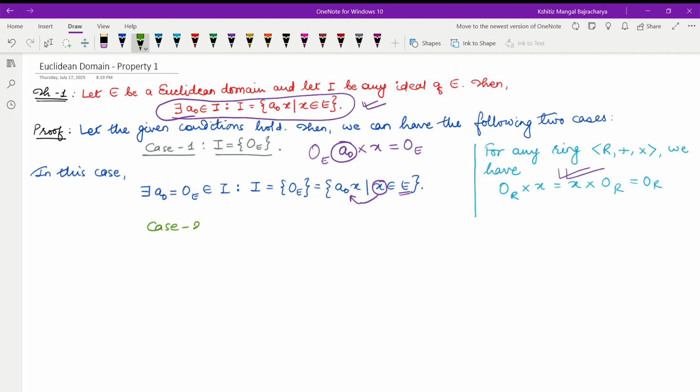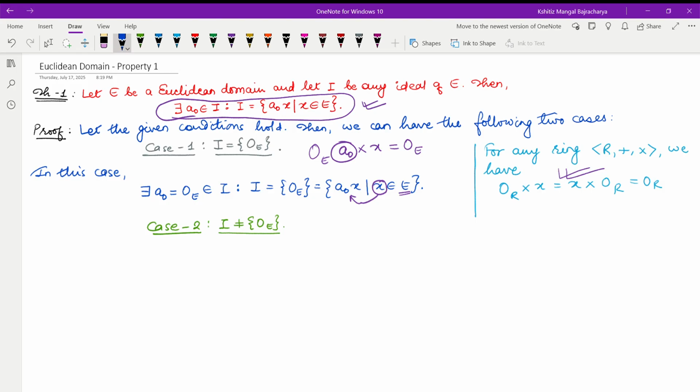So let's move on to the second case, where I is not the zero ideal. Now, if I is not the zero ideal, then since an ideal is necessarily a subring, it cannot be an empty set. I is non-empty, and I will contain the zero element, but not just the zero element.